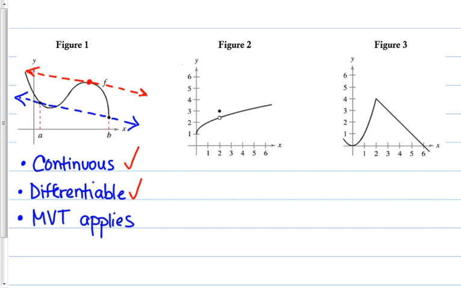Okay, figure 2. Now looking at figure 2, I see that there is a discontinuity. Okay, it is discontinuous at x equals 2. See here? That's my problem right there.